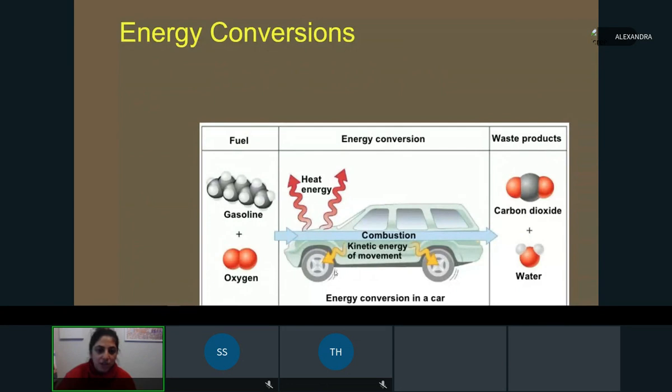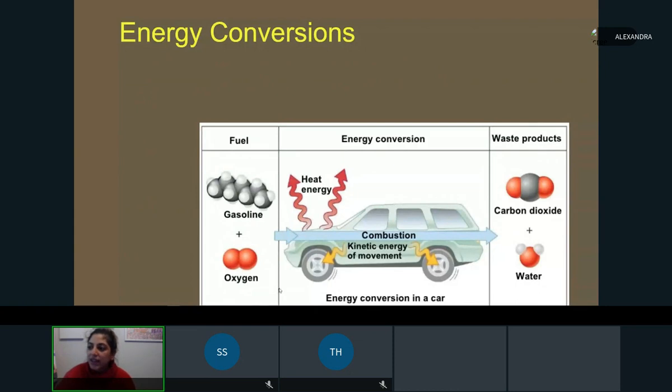Our wheels start to go, we start to move from one place to another. And then we have heat energy. If you've ever opened your car and the engine is really, really hot, that's because some of that energy got lost to heat. Then the waste products are water, so we usually see some sort of condensation, and carbon dioxide, which are those carbon emissions that we talk about, and how that leaves the car.